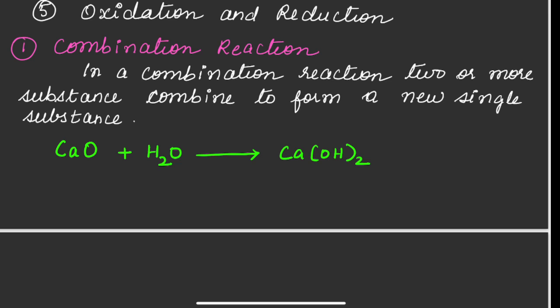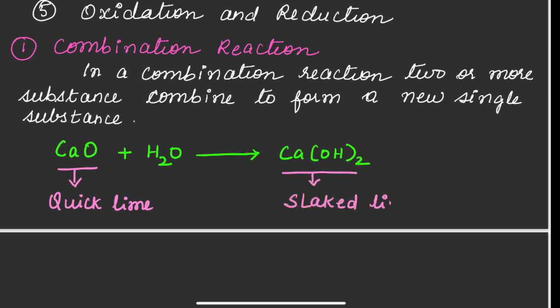Here calcium oxide is called quicklime. This name you should learn, quicklime. And calcium hydroxide is called slaked lime. And during this reaction, you can see heat will be given out.